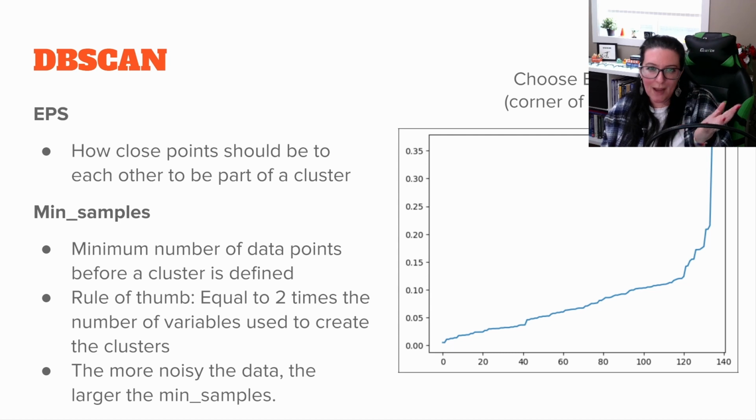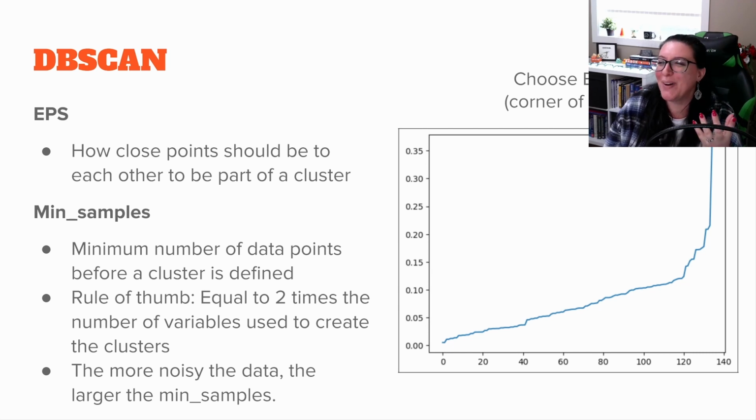We would do 2 times that. Or with the other example we were looking at, size of the contract and size of the company, again 2 variables. So our minimum sample would be 4, 2 times that.